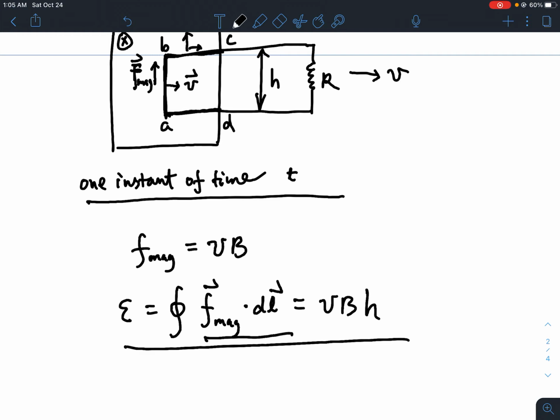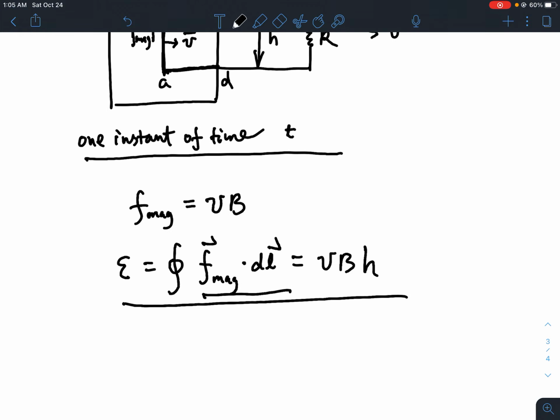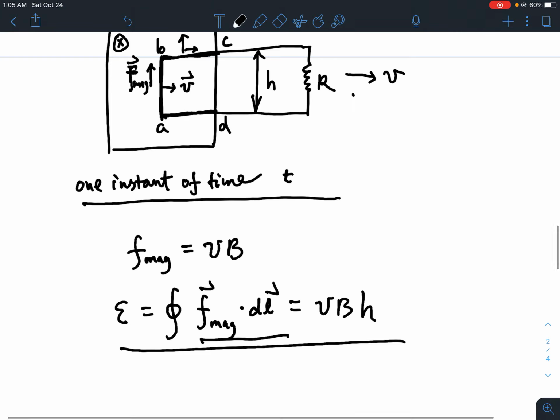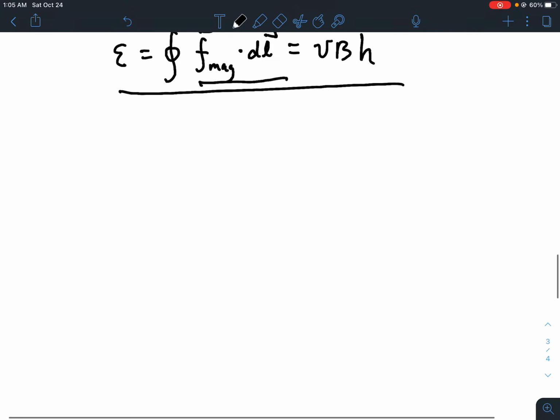Now we can try to look at how to calculate the work done by the person who is pulling this circuit. Let us look at the charge.